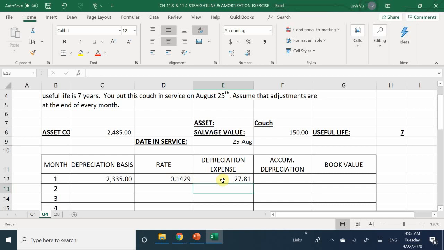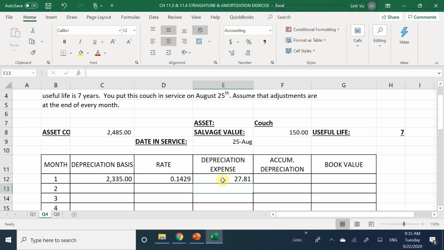But what you're going to notice is when you reach your 7 years times 12, when you reach your 84th month, that's when you're going to have to stop depreciating because you've reached the full 7 years of the asset's worth.